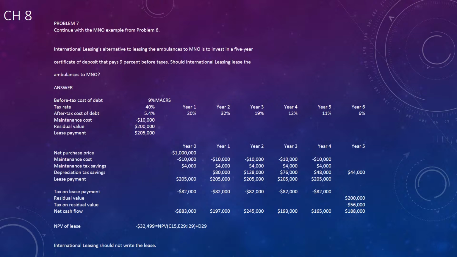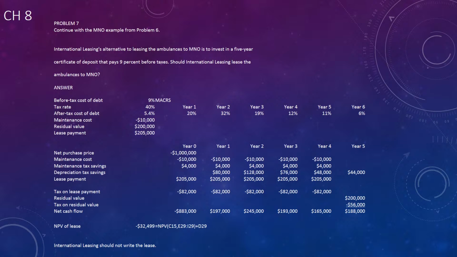What am I better off doing? This is the other side of the equation, the company that's leasing, trying to decide, is it smart for me to use my cash this way? So you've got a cost of debt at 9%, a tax rate of 40%, so your after-tax cost of debt is 5.4%. See the math?